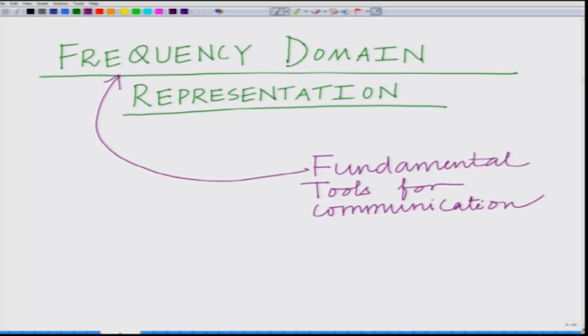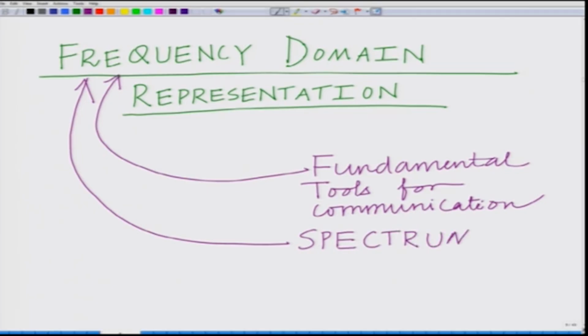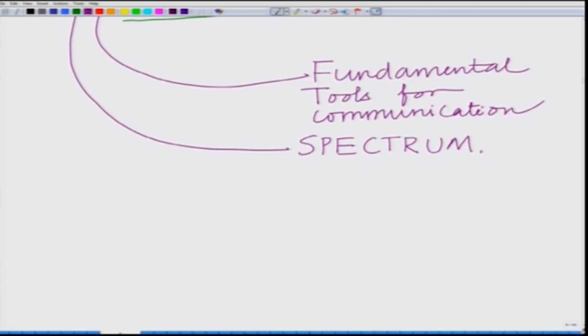This frequency domain representation of the signal is termed as the spectrum of the signal.